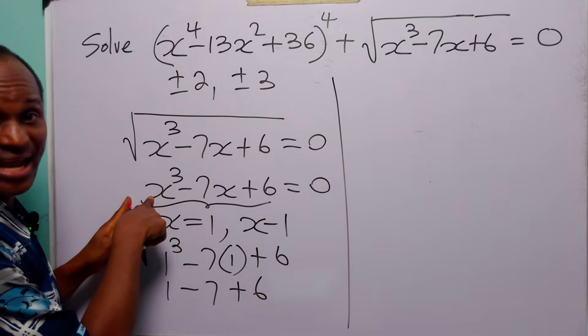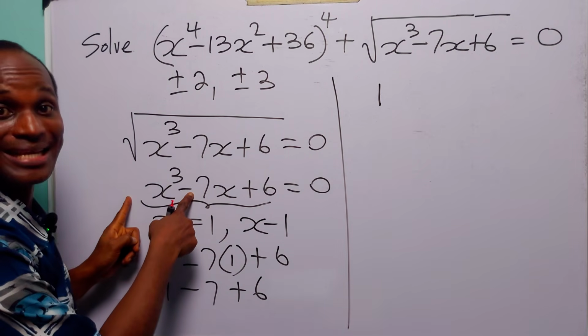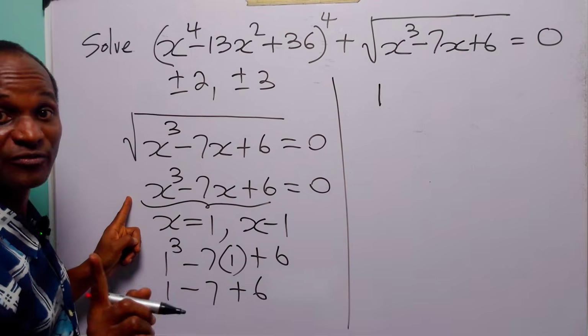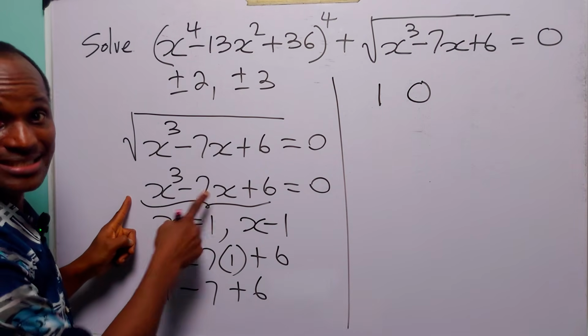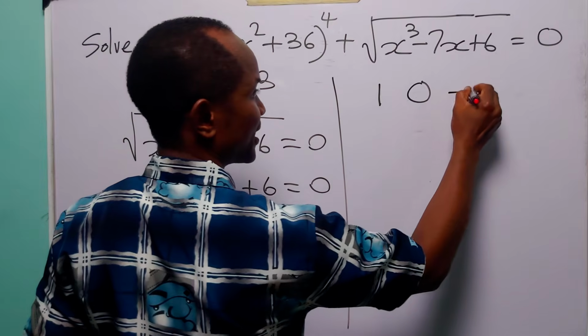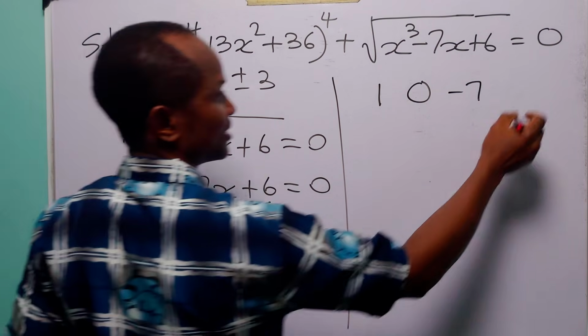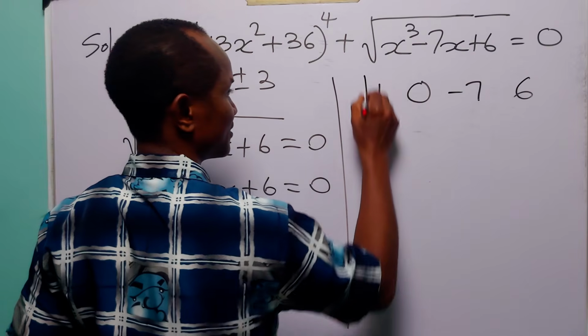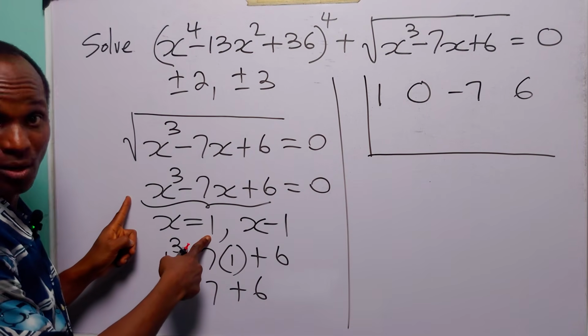The coefficient of x cubed is 1. There is no term in x squared, so the coefficient is going to be 0. The coefficient of x is minus 7. So here we have minus 7. And the constant term is 6. So we have 6. We draw our division line and we are dividing with 1.